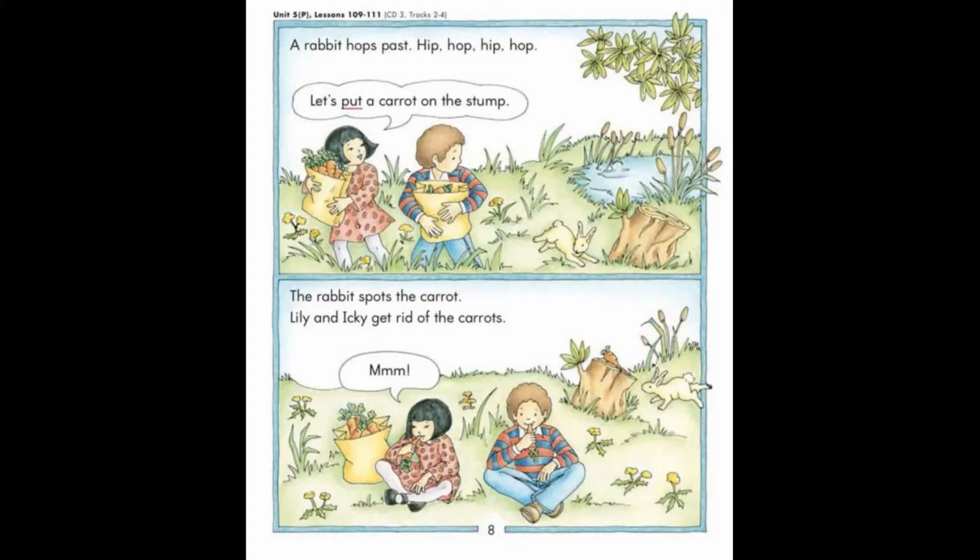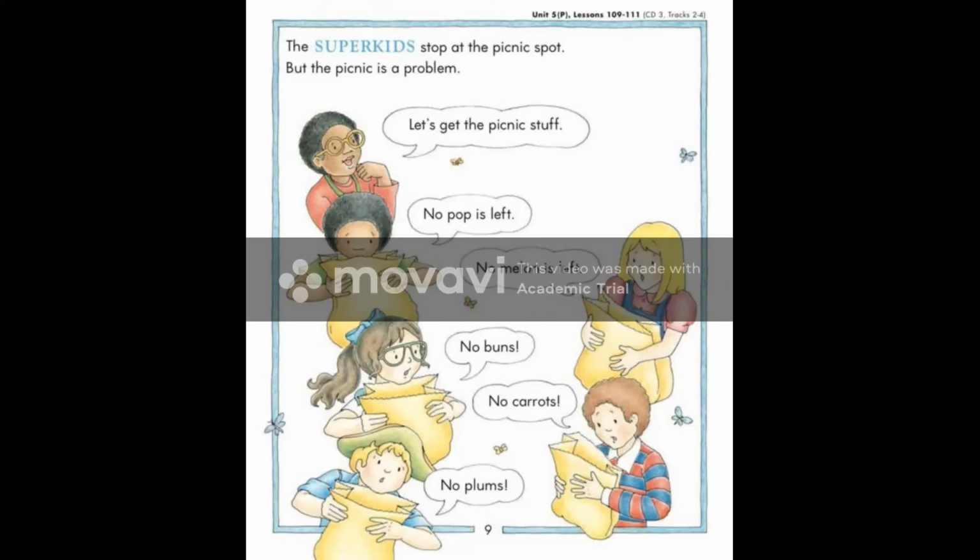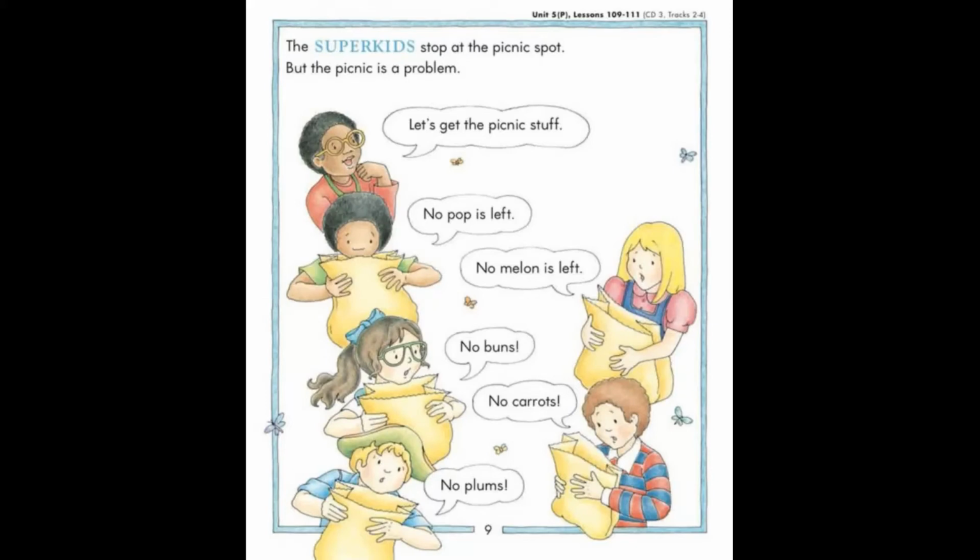Now look at page 9. Look at the sentences at the top of the page and find the sentence that says, "But the picnic is a problem." Underline the word problem.